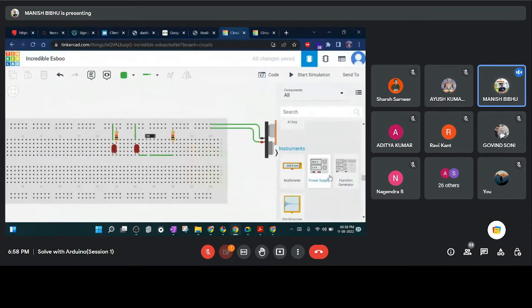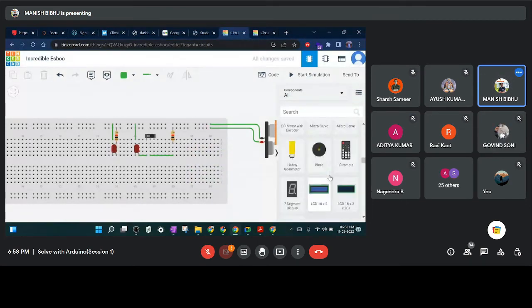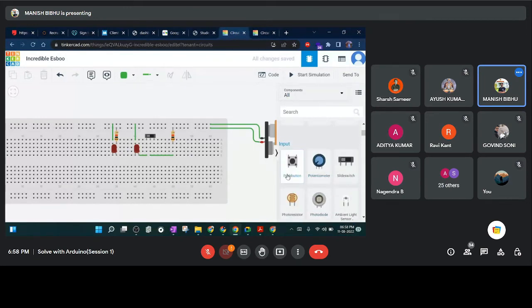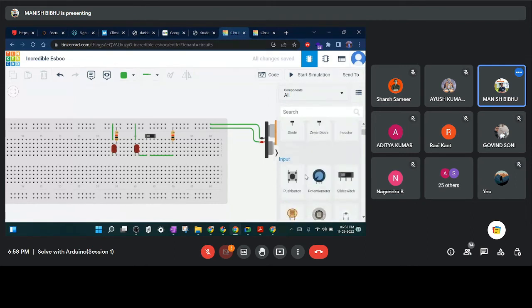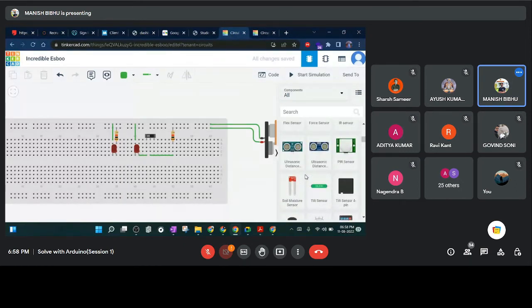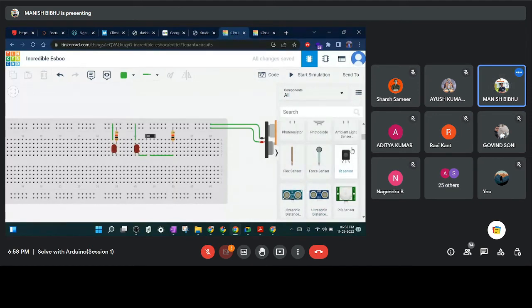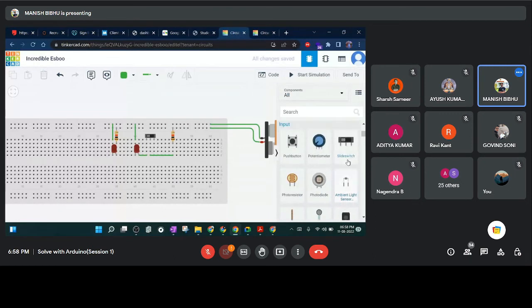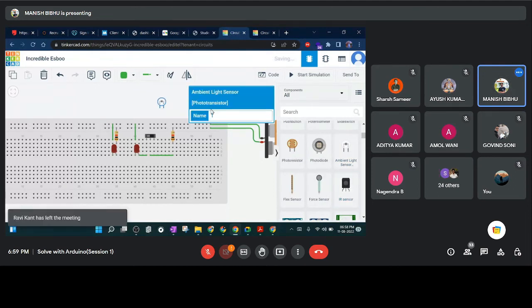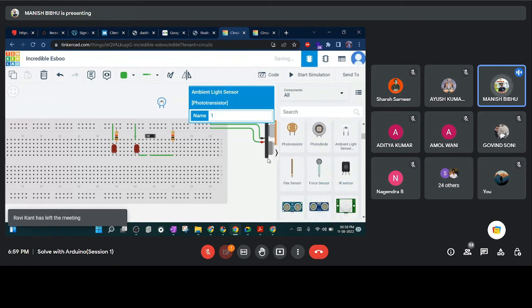So see here, infrared sensor on Tinkercad. This is the IR sensor, but it will work with the Arduino.